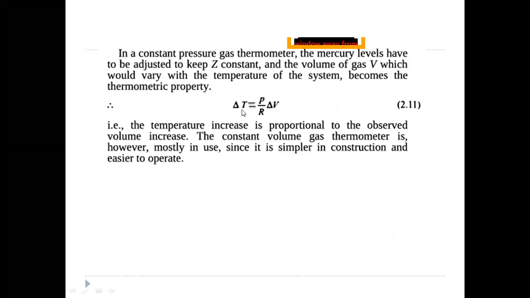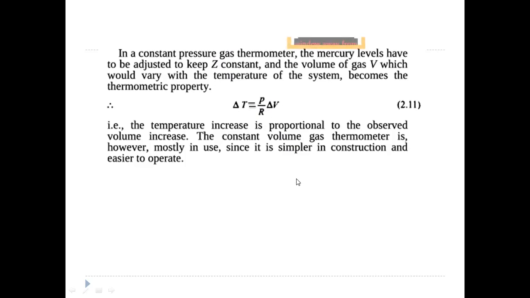According to the ideal gas equation, PV is equal to nRT, there is a variation in temperature and volume and the remaining terms are taken as constant. So the thermometric property in the constant pressure gas thermometer is volume.